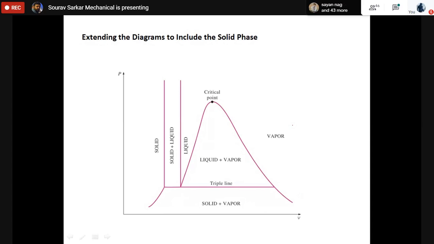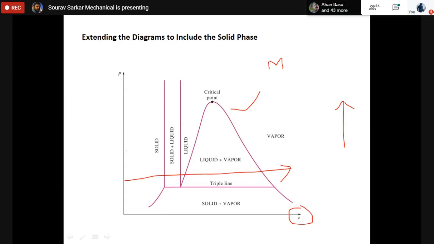So this diagram is valid for a metal or substances that expand continuously. If we heat these substances, they expand continuously, because this is the volume.